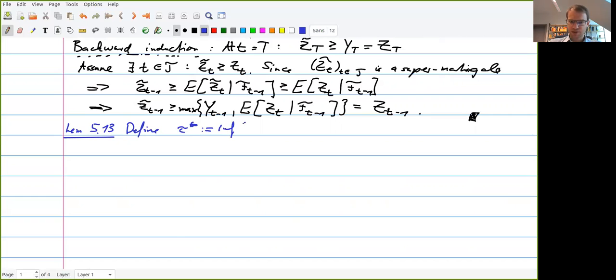By definition, it is the first time t, running through our index set, such that the Snell envelope Z is equal to the process Y.